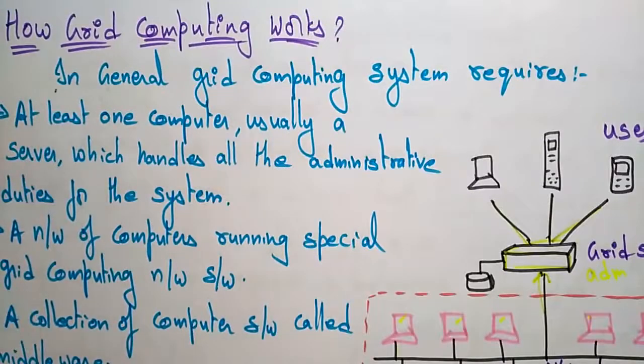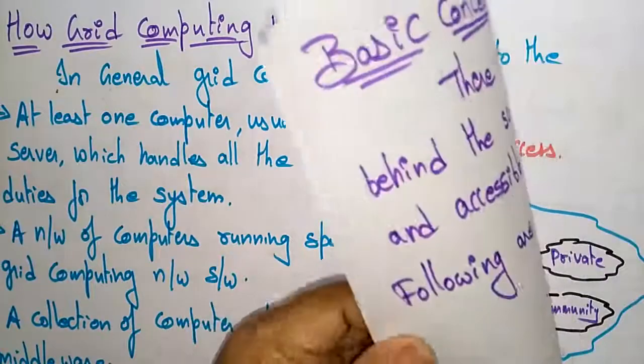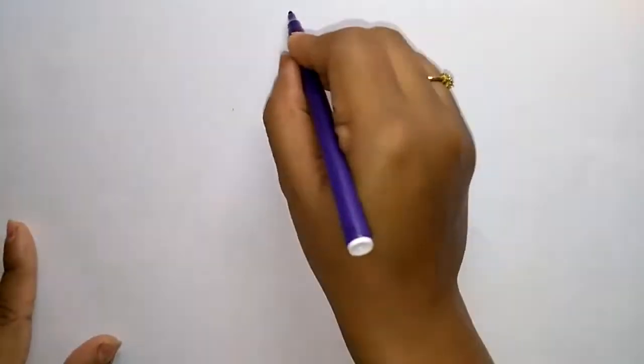Let me take a simple example. In grid, whatever computing task we take will be broken down into smaller pieces. Let's take a large file.